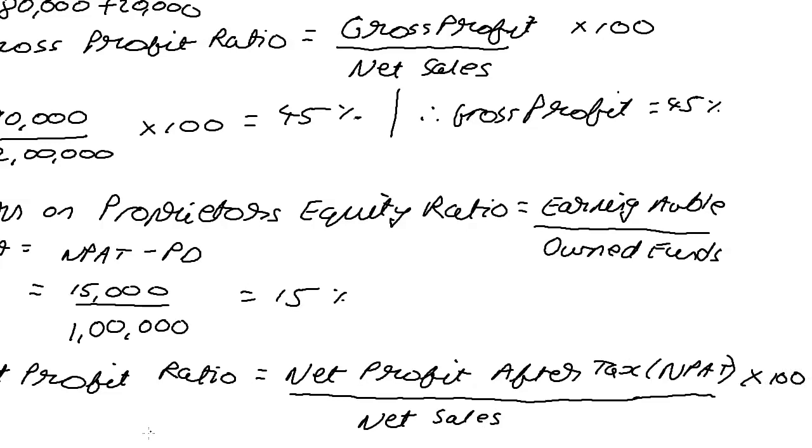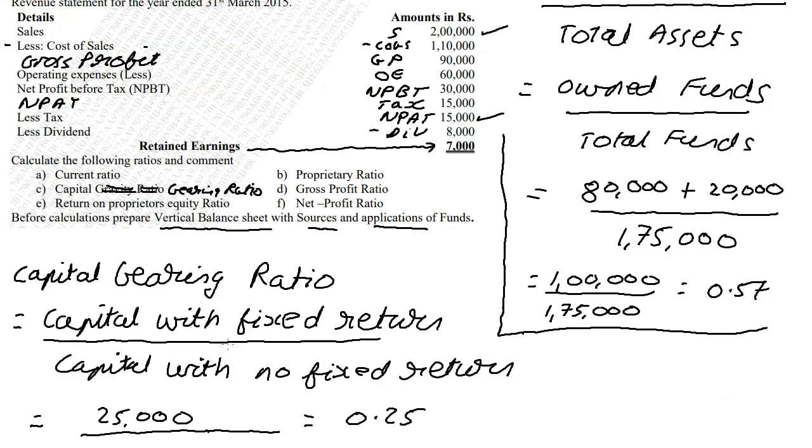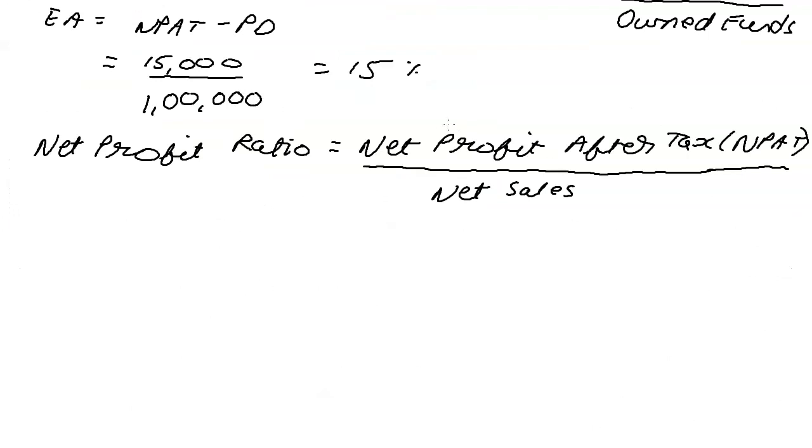So our net profit after tax in the question is 15,000 again, sales is 2 lakhs. So we have 15,000 upon 2 lakhs, which gives us 7.5%.